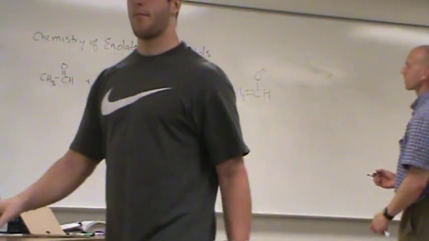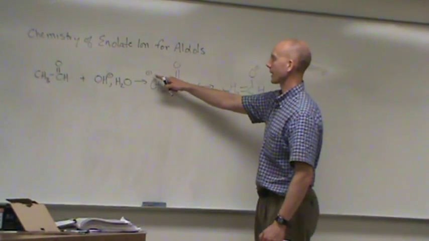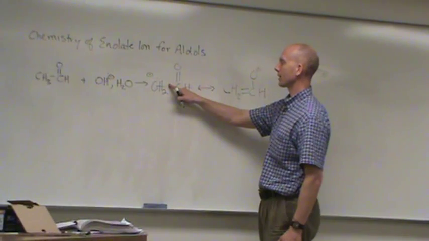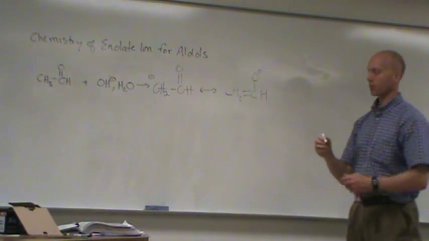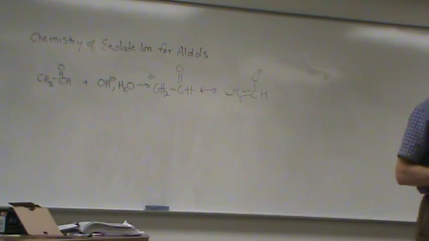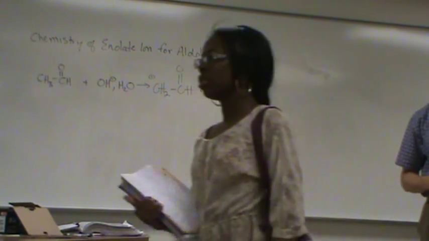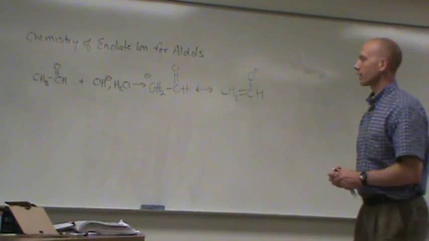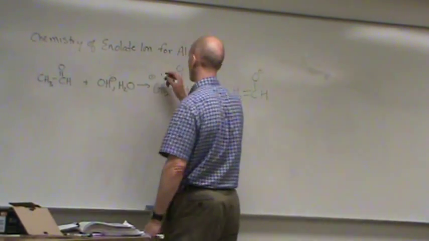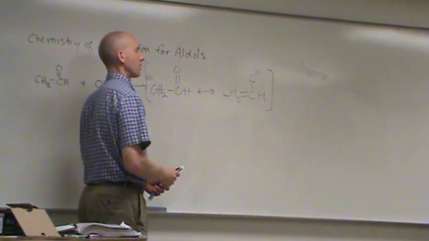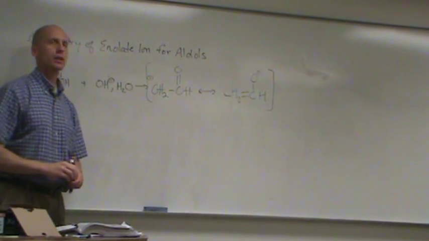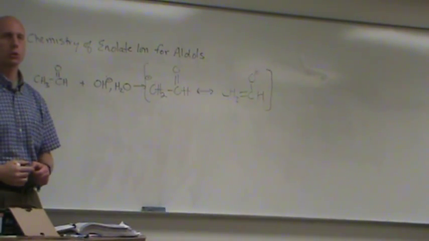So the resonance structure, again, dumps the lone pair in, and these electrons go up to give you O minus. So these two form the enolate. Which one of these two, do you remember, serves as the nucleophile?